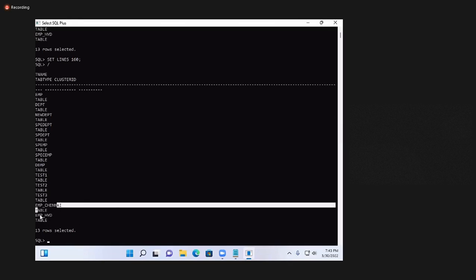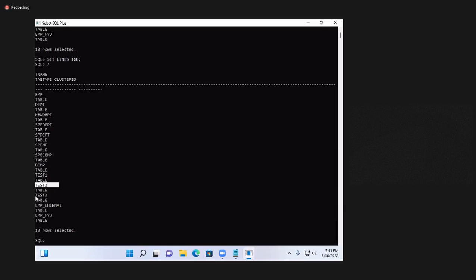So Chennai and Hyderabad, test 1, test 2, test 3. Okay. So now I'm creating one more table. So my next table is what now? Create table. So see, I'm creating a small table here. The table name is test. And the test table is not there now? No, okay. Test, and check it out here.